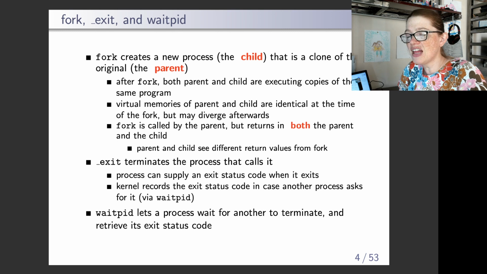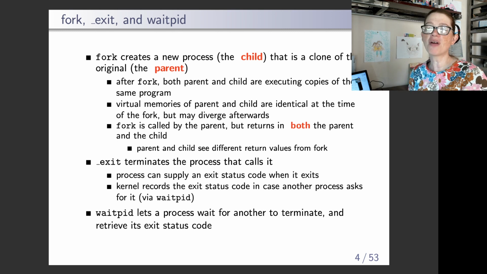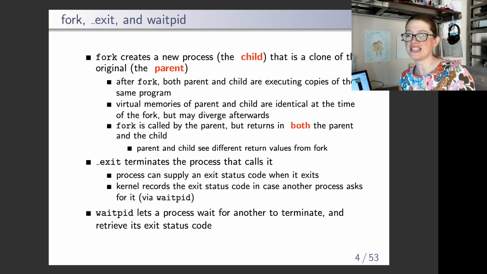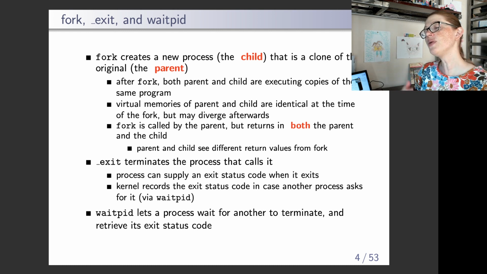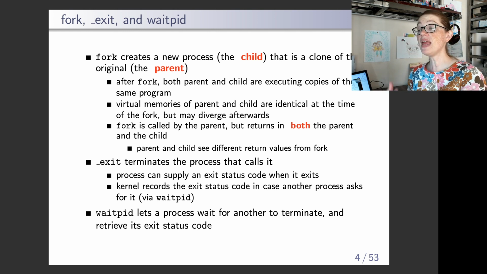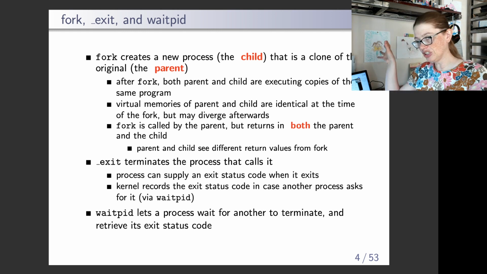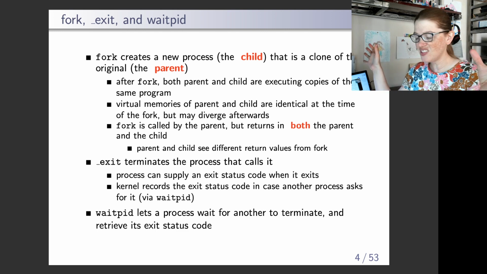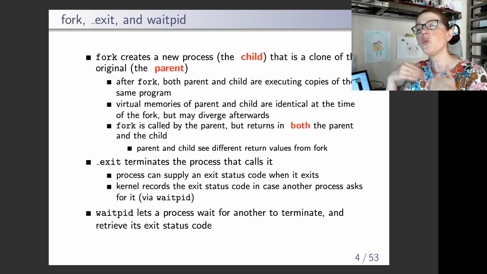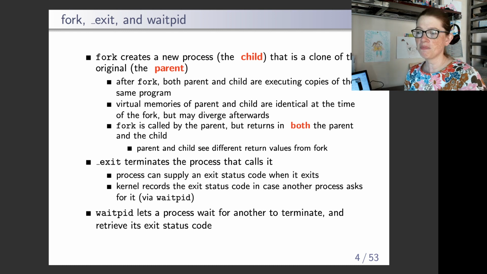What waitpid lets us do is it lets one process wait for another process to terminate. And why we would want to do that is maybe a parent has created a bunch of map workers as processes, and they've all gone and done their tasks, and now the parent is waiting for the maps to finish so that it can do the reduce phase.